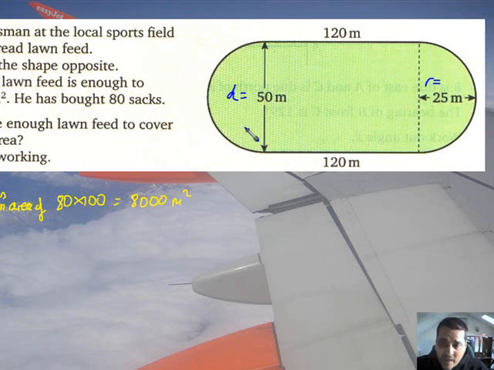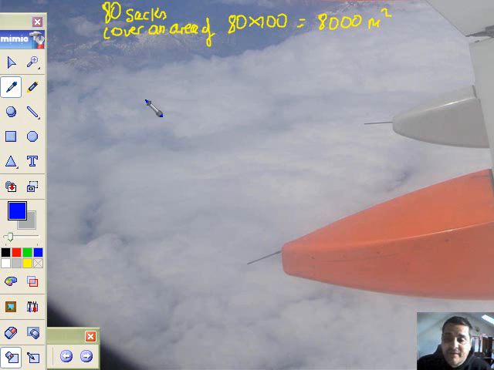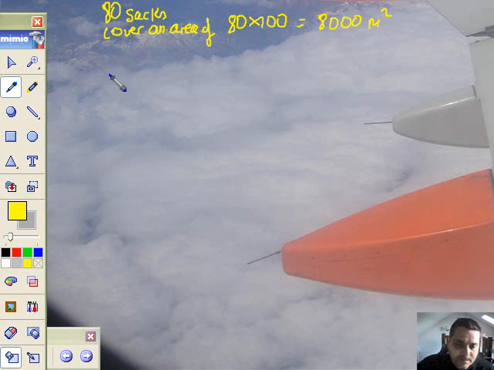We can see from the diameter that the radius has to be 25 because the radius is half of the diameter. Essentially, if I work out the area of one circle, that is the two halves added together, and the area of this middle section here, the non-circular part, and add up the two bits, I've got the area of the entire field. So here I go, and let's just do it in one step.